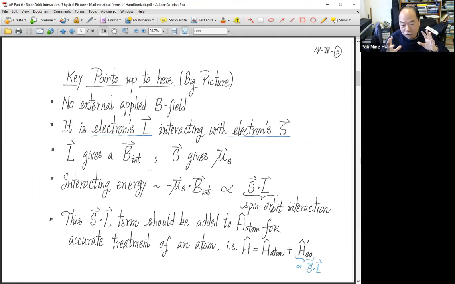It's free of charge. Even if you don't like it, it is there. That's the problem. We need to learn a lot of things in order to understand that, okay? And then its motion gives rise to an internal field that interacts with this electron's spin magnetic dipole moment, giving rise to a term like this.